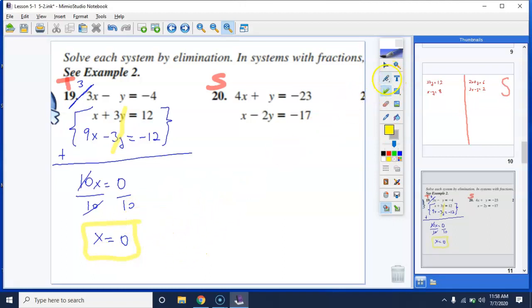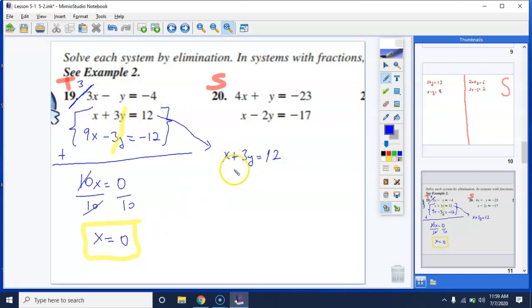And then we can go to any equation you want. You can plug into any of the equations. But I want to work with the second one, which seems easier. Let me pick this one here. x plus 3y equals 12.